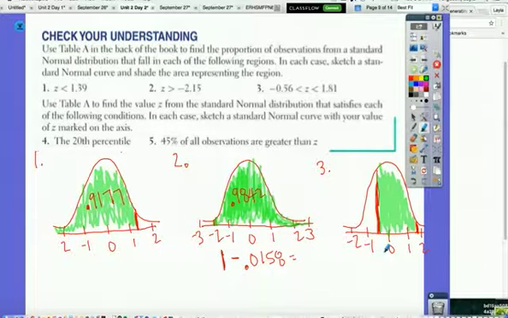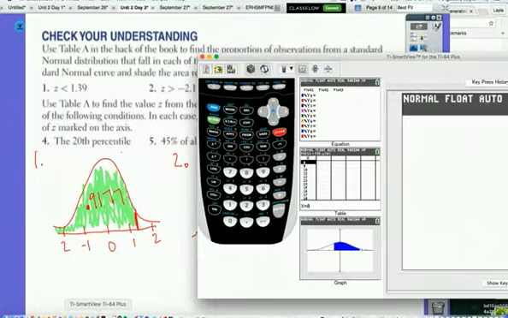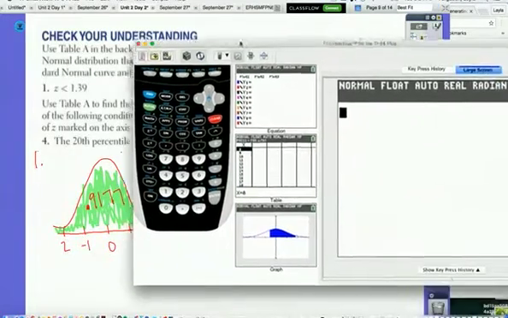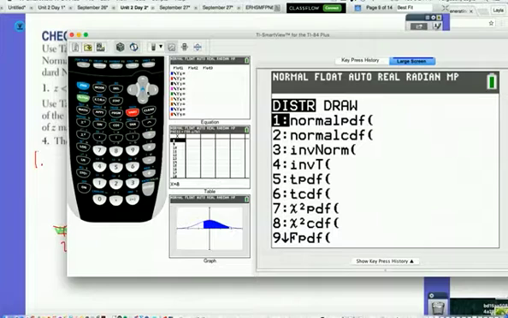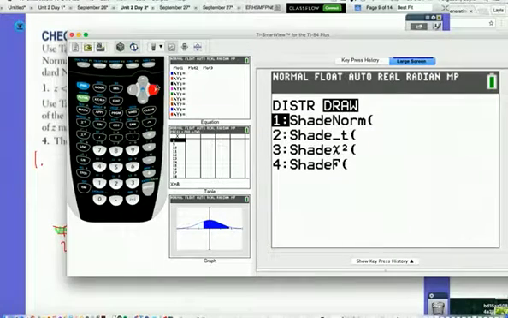So on the calculator, what you're going to do is you're going to go pull up your calculator. And you're going to go to second, bars, which is distribution. I want you to scroll over to draw and shade normal. So shade normal means that it's going to graph for us what it looks like on the graph, and it's also going to tell us the area.